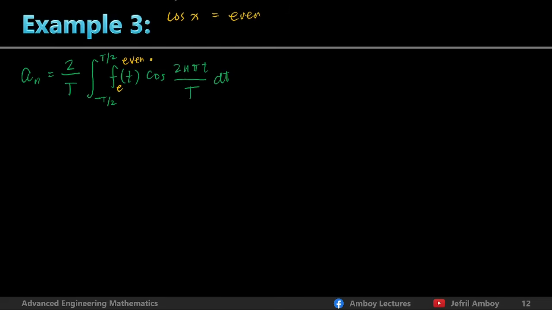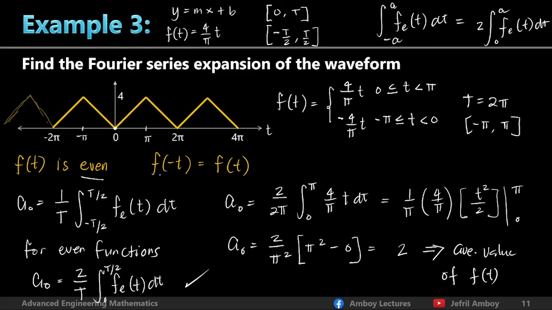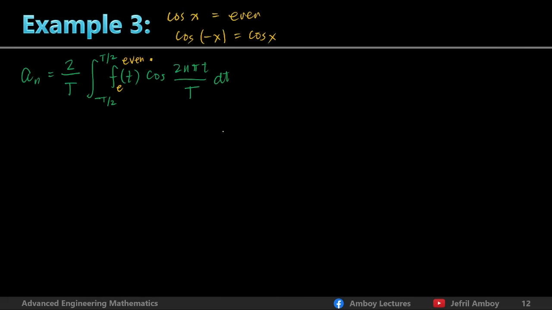Okay, and because it's even, it has to satisfy this equation. Cosine of negative x is equal to cosine x. Kasi nga even siya. Ito yung f of negative t is equal to f of t natin kanina. Ito, balik ko lang, f of negative t equals f of t. Now, lagay natin dito, ang cosine ay isang even function.